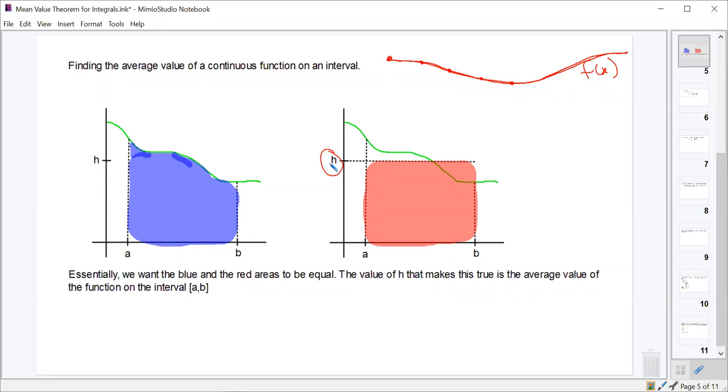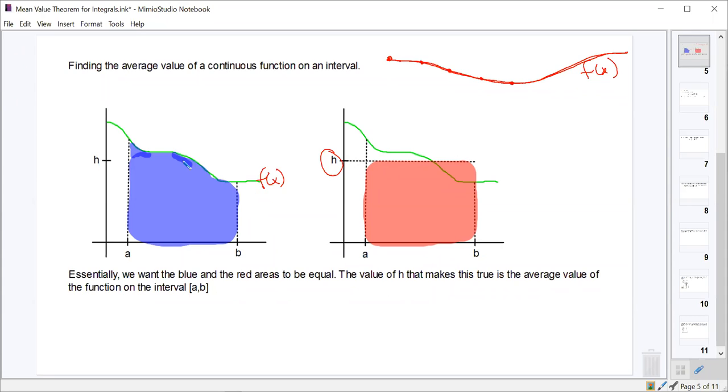Does that make sense? Cool. So first off, what's the area of this blue thing if this is the function f of x? This is the easiest question so far this unit.